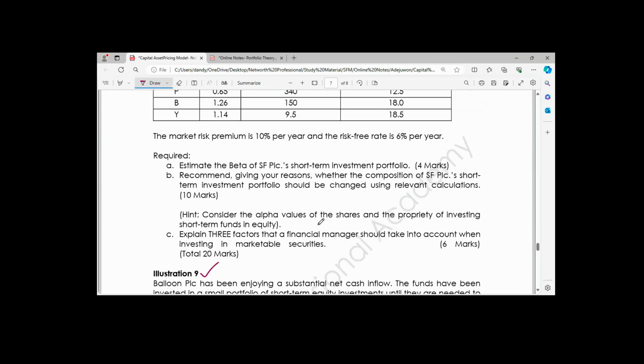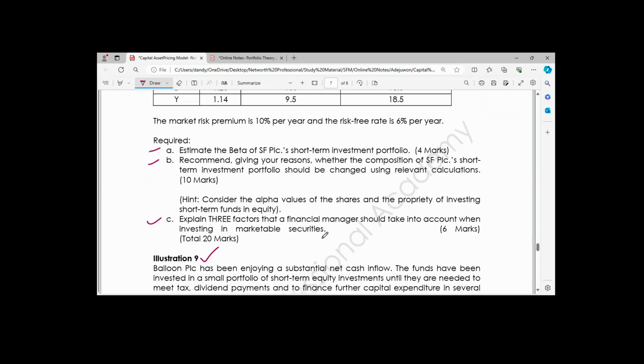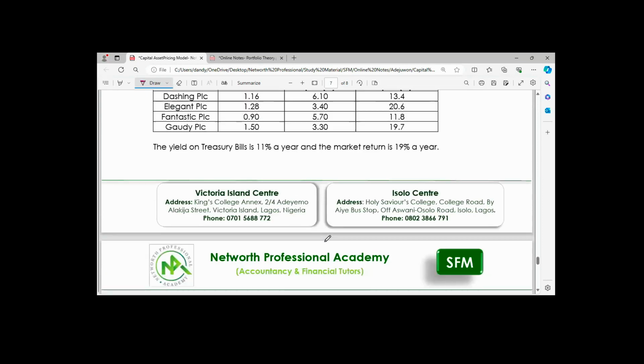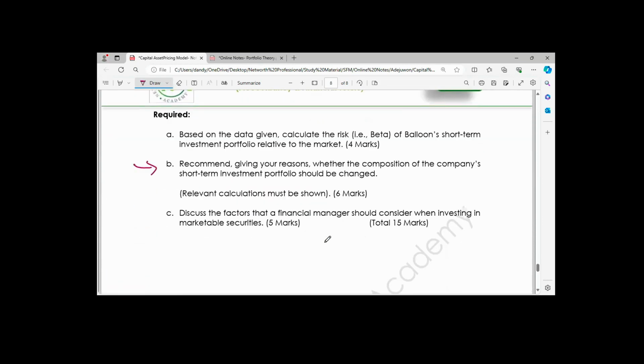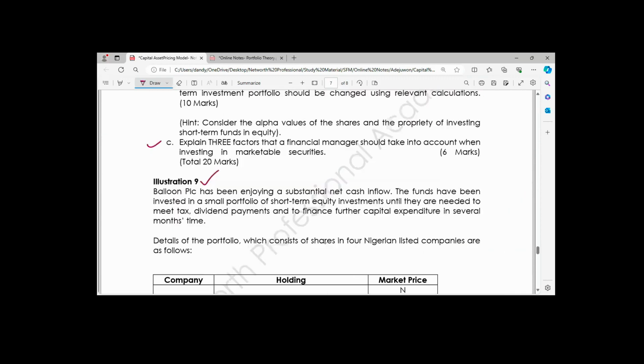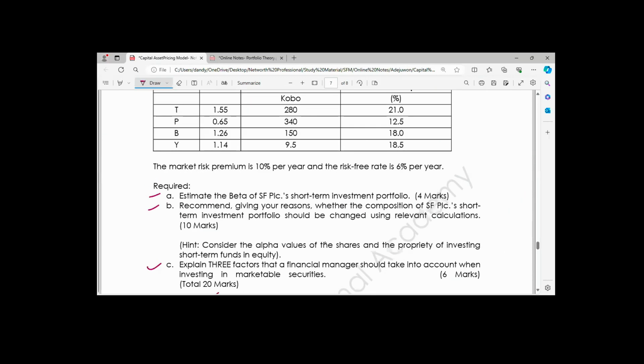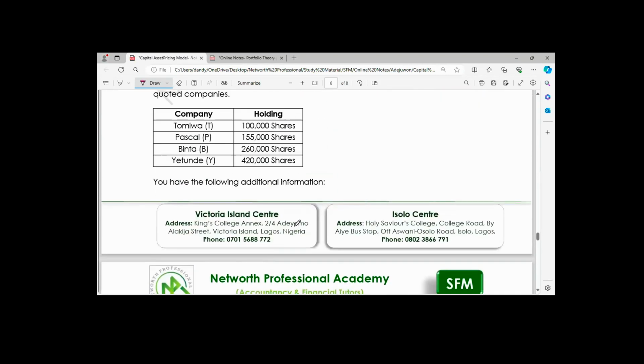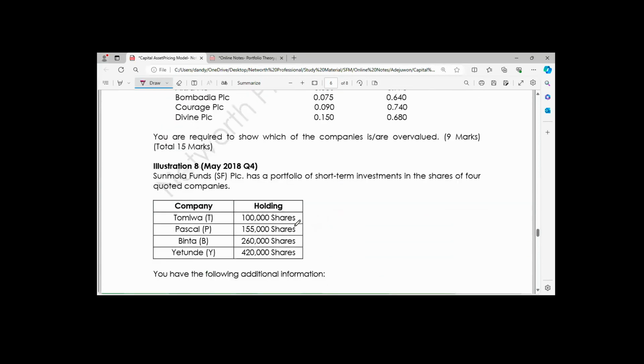A, B, C: the same thing the examiner requested for each of them, and the same marks were awarded, except that this one was 15 marks while illustration number 8 was 20 marks. But in any case, you can go and try illustration number 8.